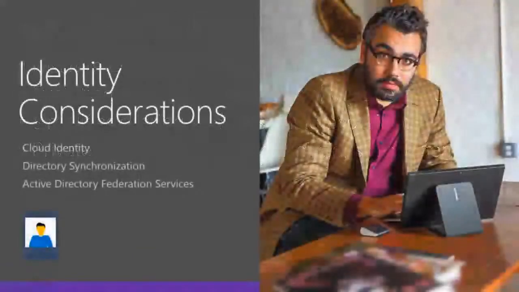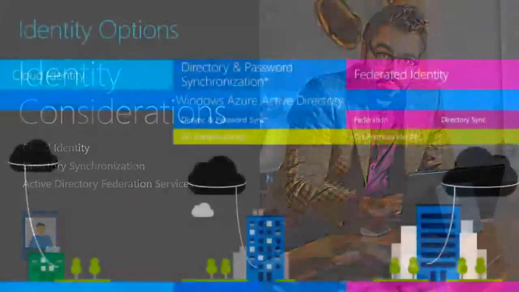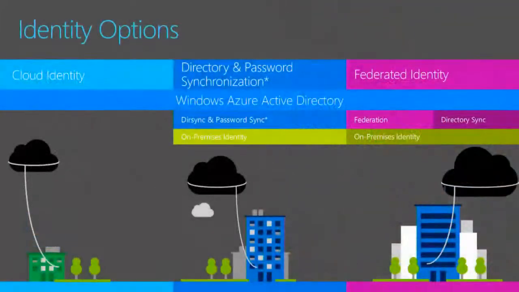So from the identity perspective, we have a sign-in that we need to perform, and we have 3 options for configuring our identity coexistence, if you will. To be fair, there's really only 2 that count, because whilst we have the option to use a cloud identity, that's over on the left-hand side, that's not going to work for any hybrid scenario.